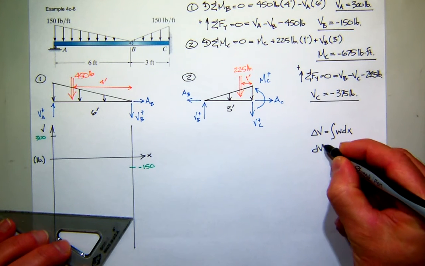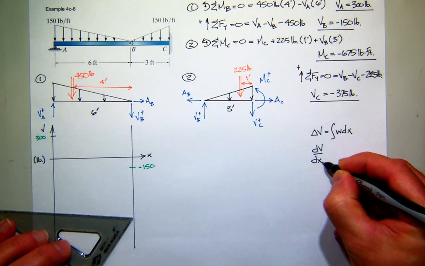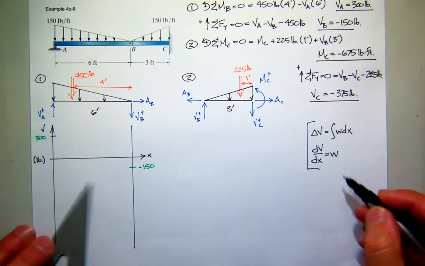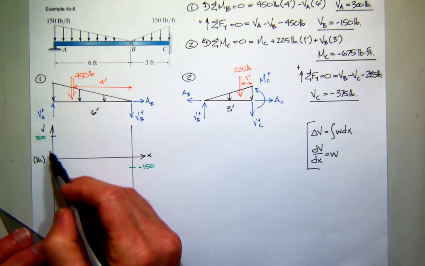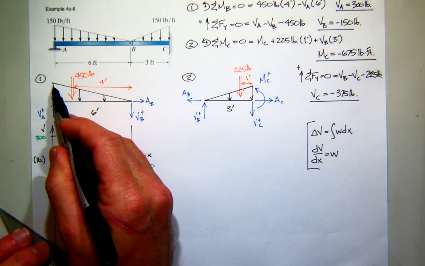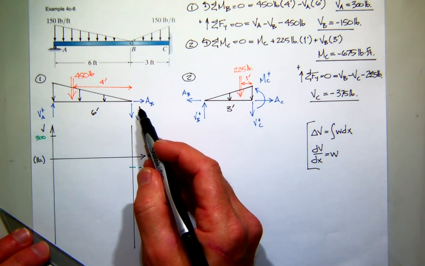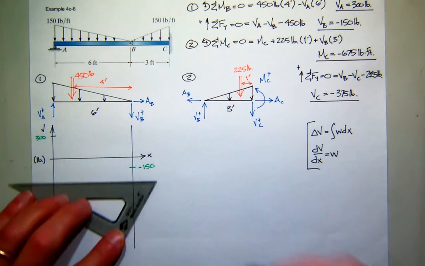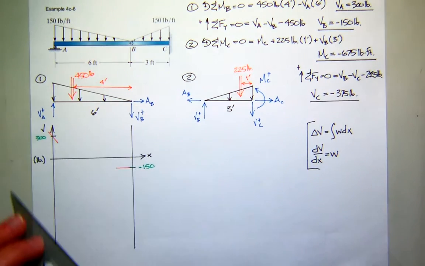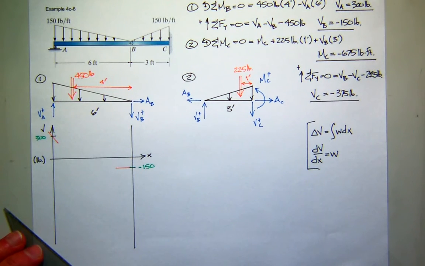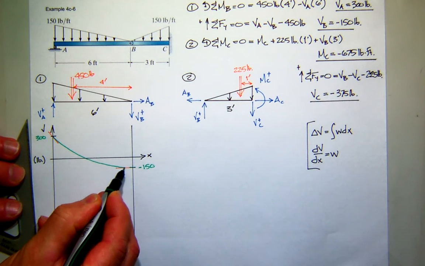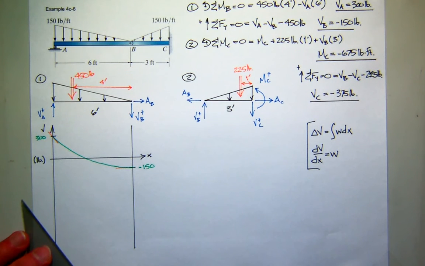We also know that the slope of the shear diagram is equal to the load. Right? So that means at this point the load is negative, and it's large, and it goes to 0. So that means we have a 0 slope here and a negative slope here. And if you kind of connect those, you get something like that.